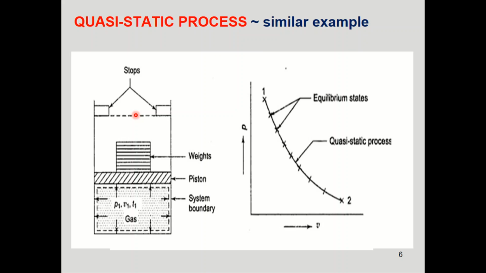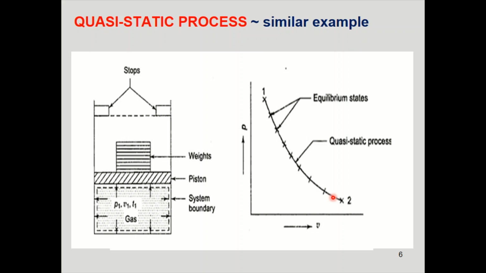The benefit of this process is that at any intermediate position we know the pressure, temperature, volume, etc. Since we know all those values, I can readily plot it, so the path of the process will be clearly defined. That is the quasi-static substitute of the real first process.